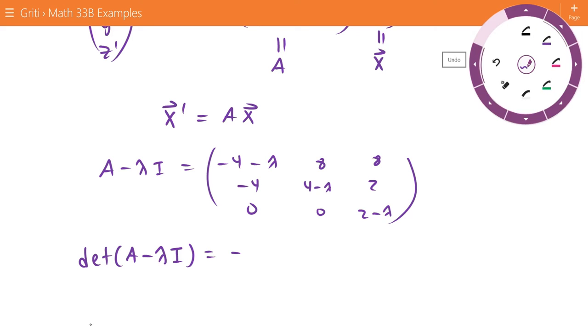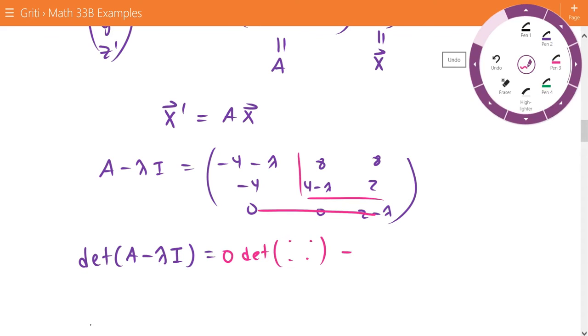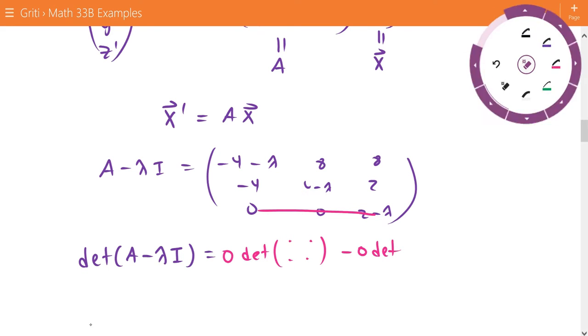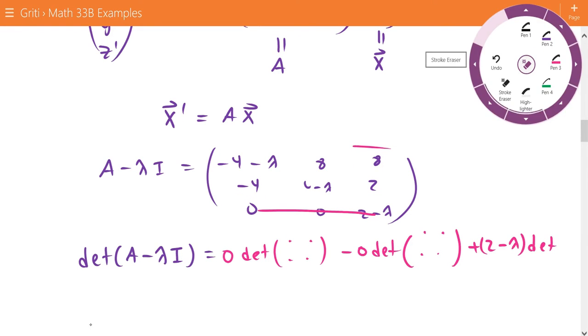If we expand along the bottom this way, then we get 0 times the determinant of this submatrix. It doesn't really matter what it is. Or minus 0 times the determinant of this submatrix, plus 2 minus lambda times the determinant of, sorry, I'm erasing part of this.